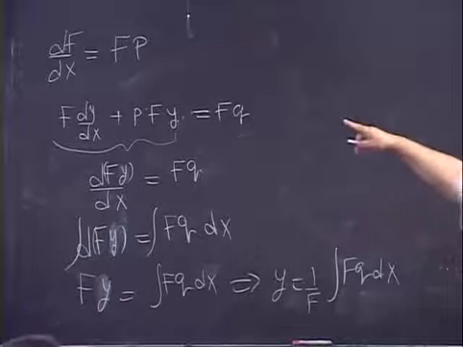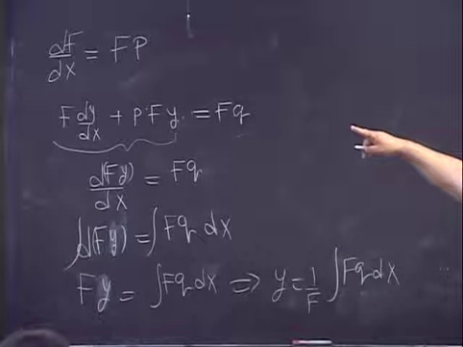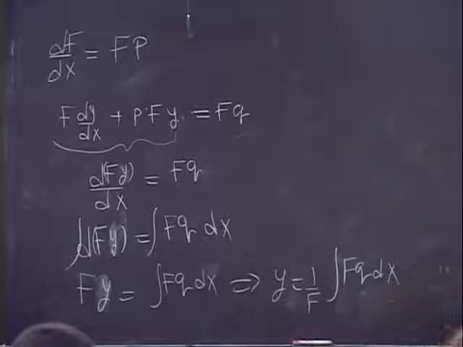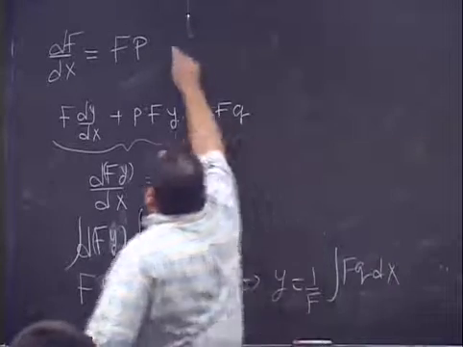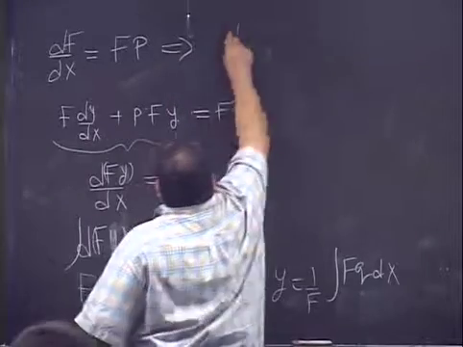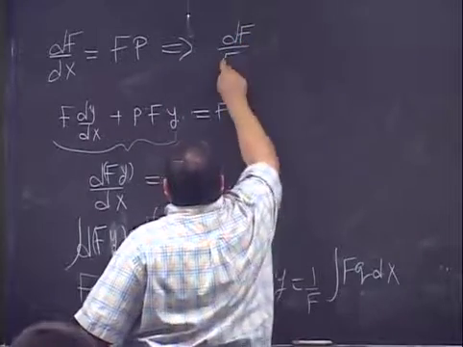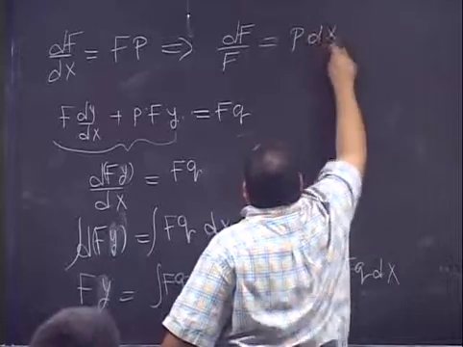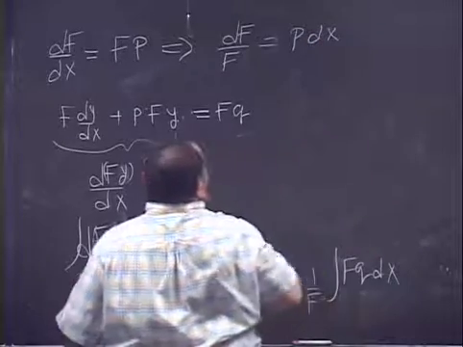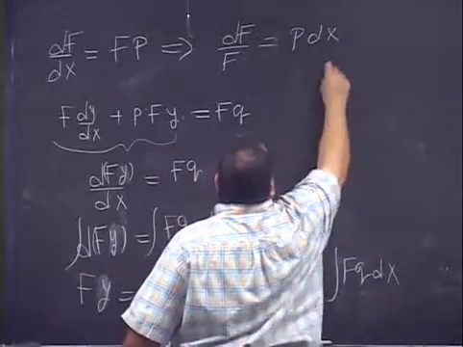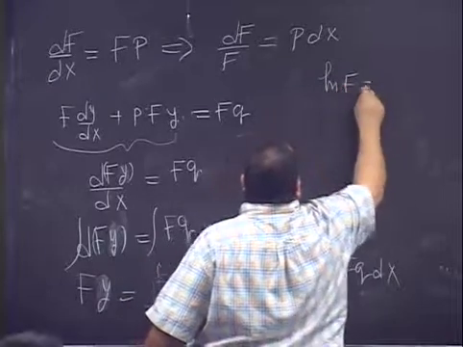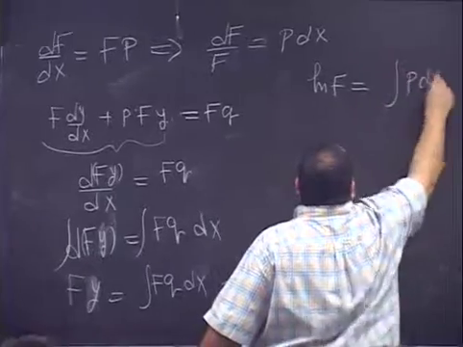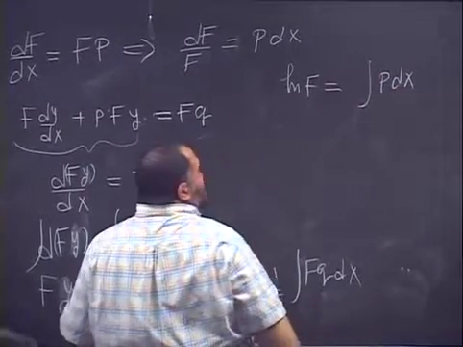So how will we get f? I just wrote the condition for f over there. If df by dx is equal to fp, this will give us df over f equal to p dx. So what's f now? ln f is equal to the integral of p dx.